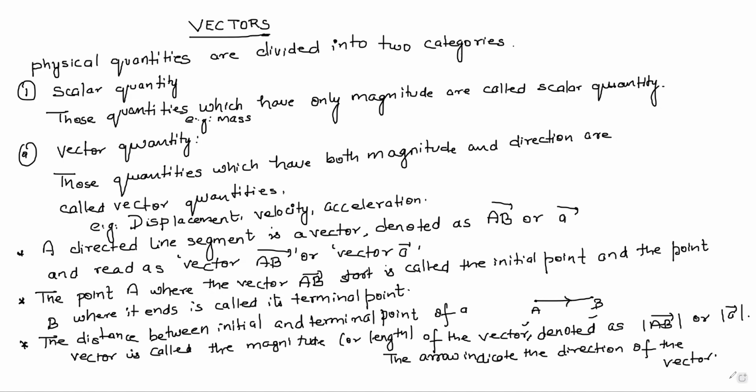Okay. Now next we have types of vector. So the first one is zero vector.